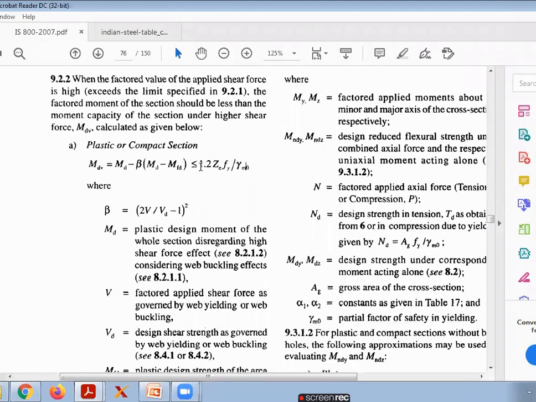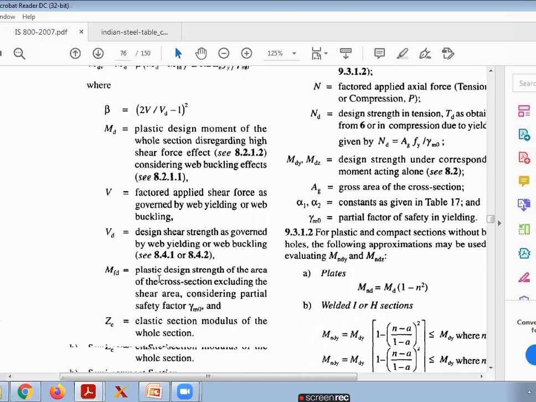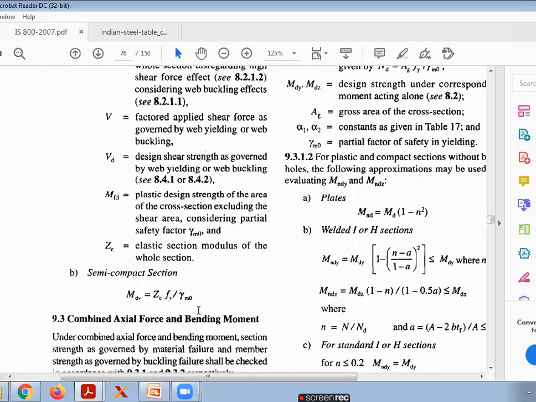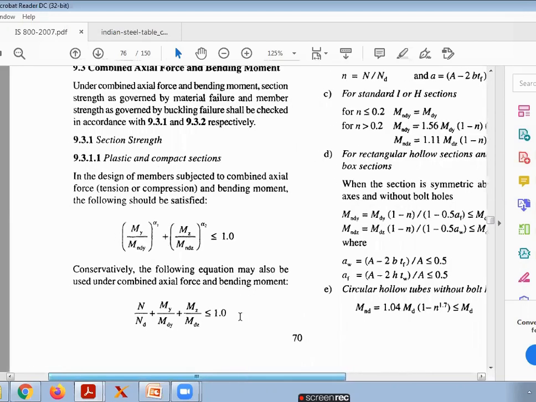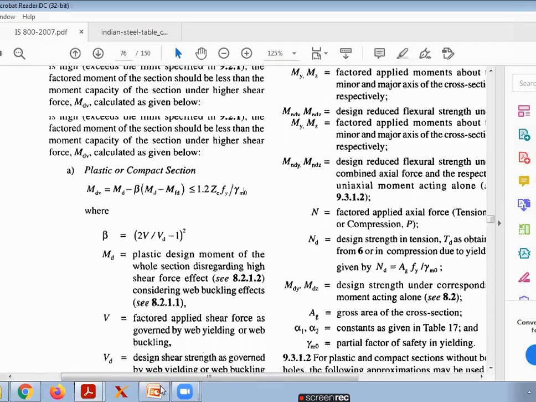The formula is Md minus beta into Md minus Mfd, less than or equal to 1.2 Ze fy by gamma m0. They have given clearly here the beta value, which is (2V by Vd minus 1) whole square. As well, the Mdv formula Ze into fy by gamma m0 is there, and the combined formulas are also given clearly. Now we will solve by using this equation on page number 70.